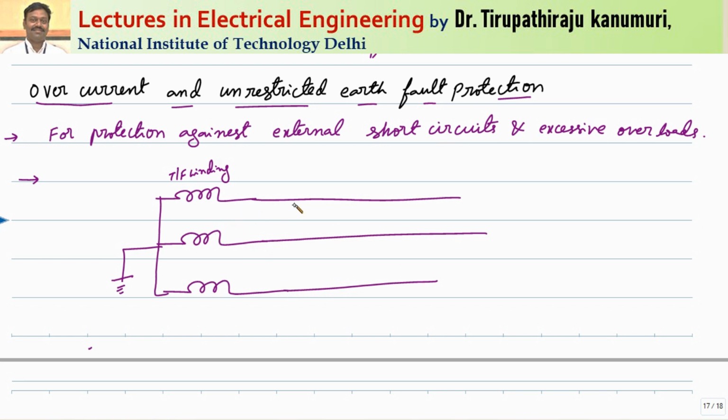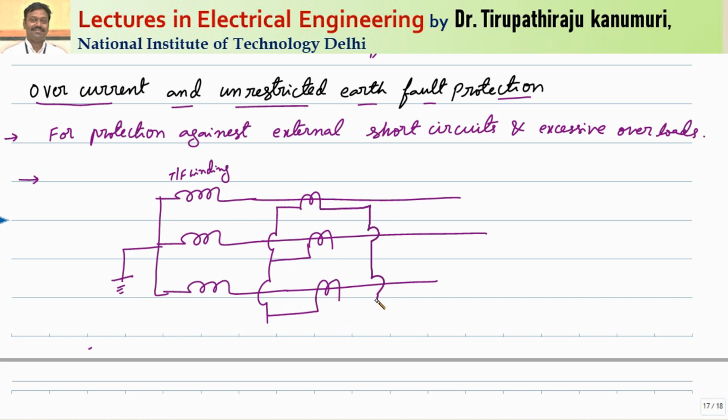Now the CTs will be connected like this. 3 CTs will be used and 3 CTs are connected like this. Getting this? As they are overcurrent type, they are connected in series with the respective windings.